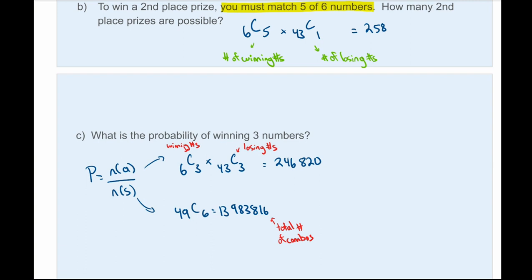So putting that all together, probability is going to equal 246,820 over 13,983,816. And when I solve this, 0.01765 or 1.765%. So it's very unlikely that I'm going to win three numbers, or correctly guess 3 numbers in the Lotto 649.